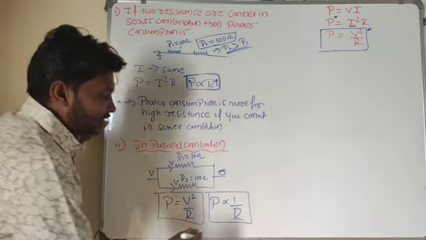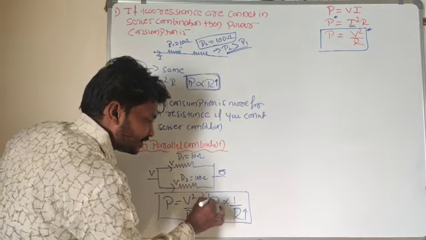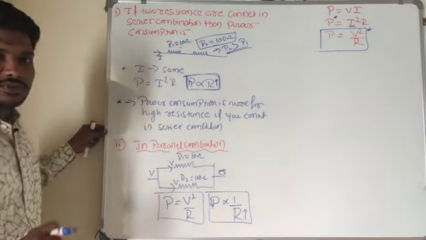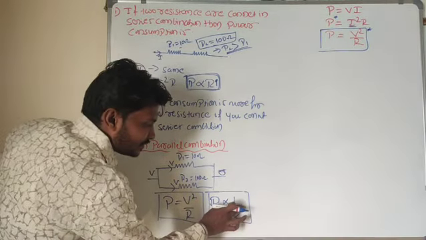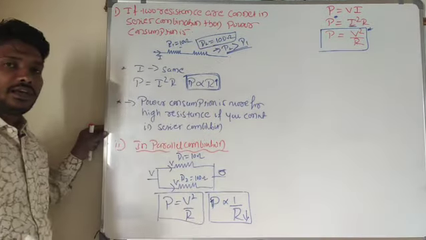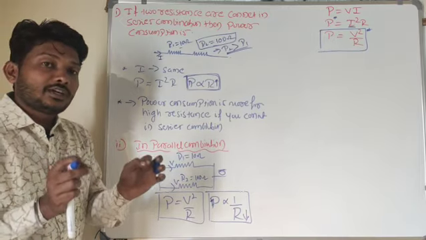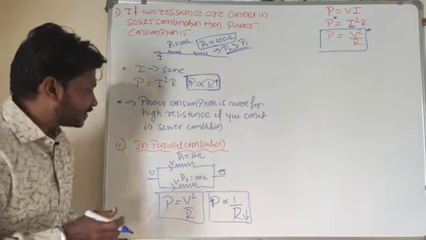What does it mean here? If resistance is more, power consumption is less. If resistance value is less, power consumption will be more here. So in case of parallel combination, power consumption is more for low resistance.